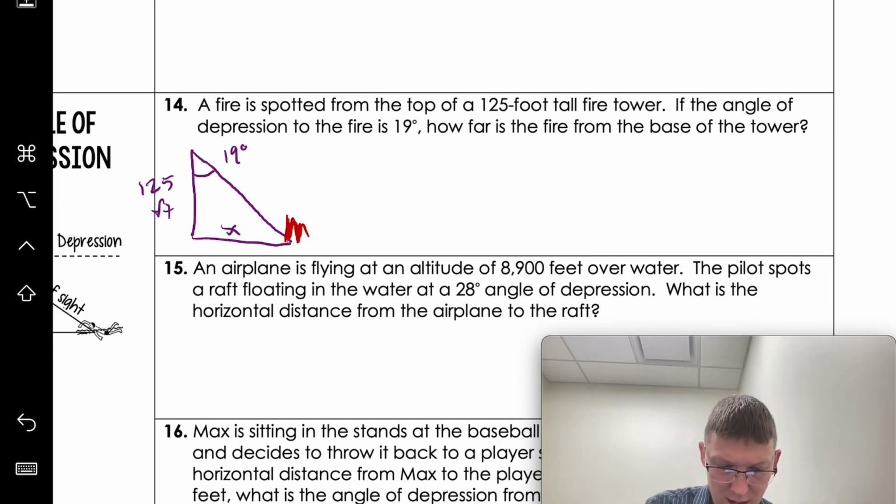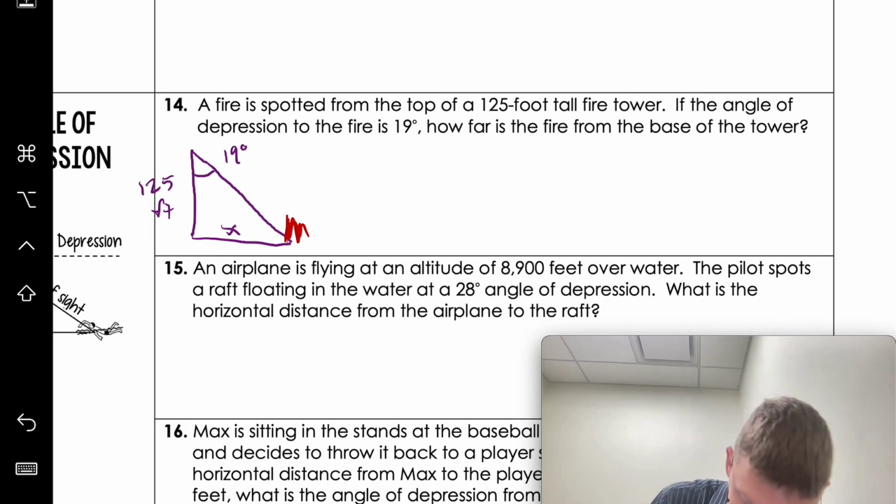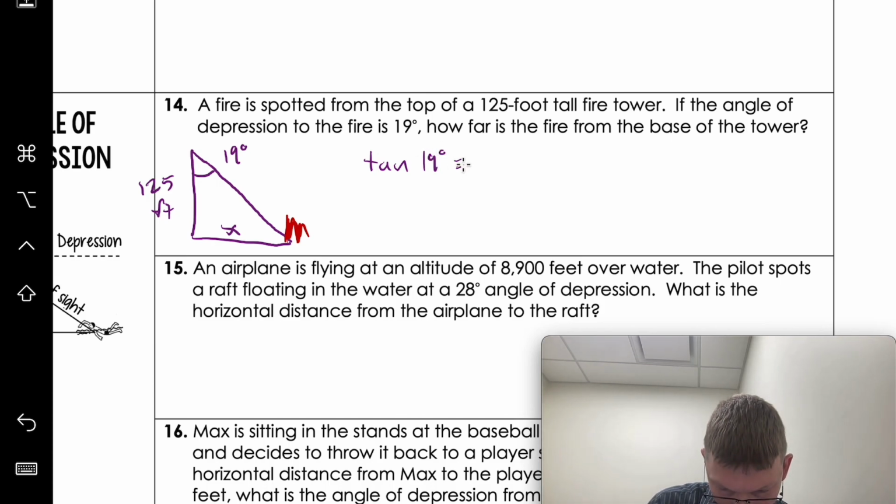So we've got our theta, and we are looking for the opposite, and we have the adjacent, so we're going to use tangent again. Tangent of 19 degrees equals opposite over adjacent.